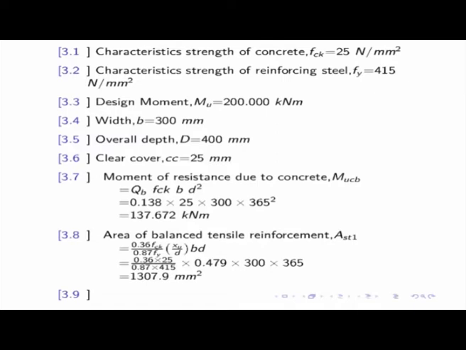Why am I telling equivalent? Because whatever stress you are having in the tensile side, in the compressive side the stress will be different, because if you consider Fe415, here the strain is 0.0038.